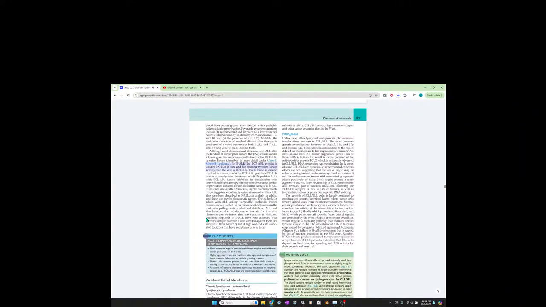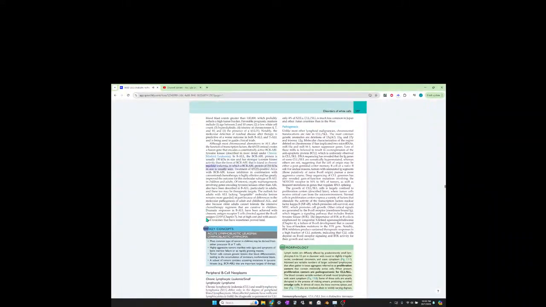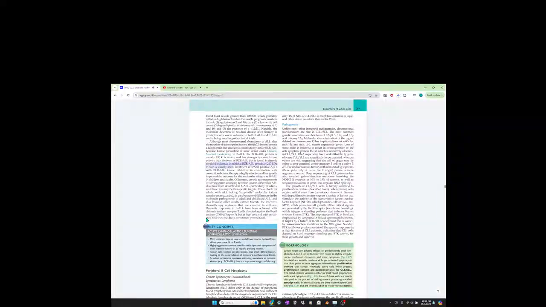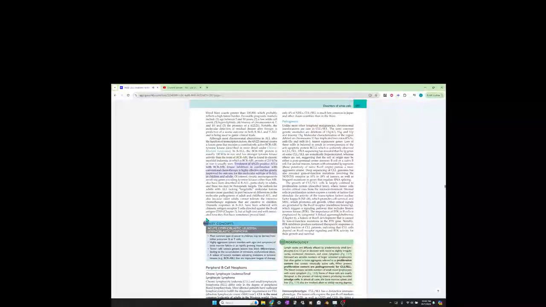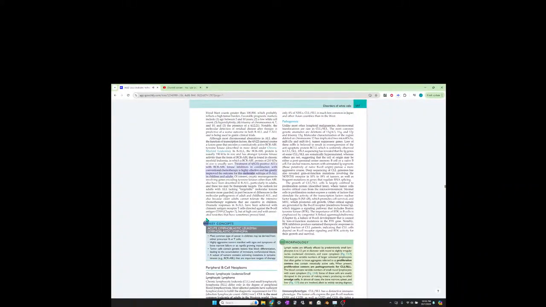In B-ALL, the BCR-ABL protein is usually 190 kDa in size and has stronger tyrosine kinase activity than the form of BCR-ABL that is found in chronic myeloid leukemia, in which a BCR-ABL protein of 210 kDa in size is usually seen. Treatment of t(9;22)-positive ALLs with BCR-ABL kinase inhibitors in combination with conventional chemotherapy is highly effective and has greatly improved the outcome for this molecular subtype of B-ALL in children and adults.